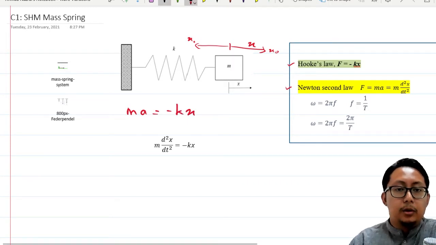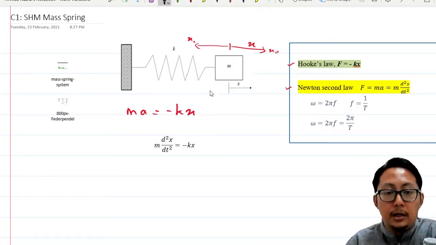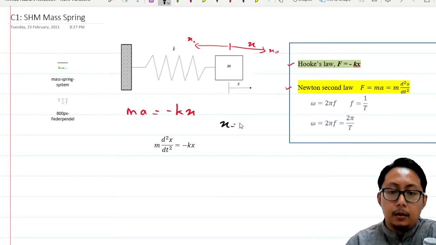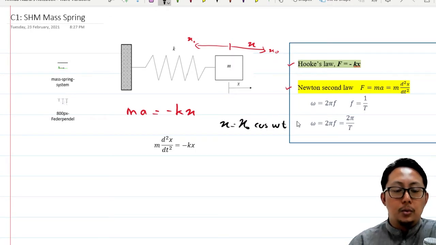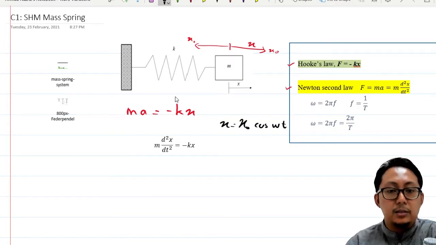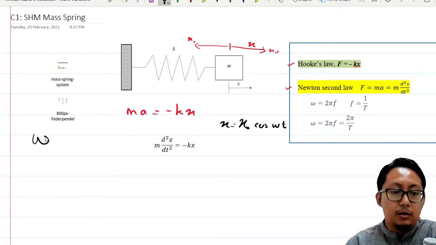Right now we neglect the friction, and we imagine that the mass spring system will oscillate. So x itself is equal to the amplitude, which is x naught cos omega t. What we try to find is the angular frequency omega. It's similar to the frequency, just that it has 2 pi times f.